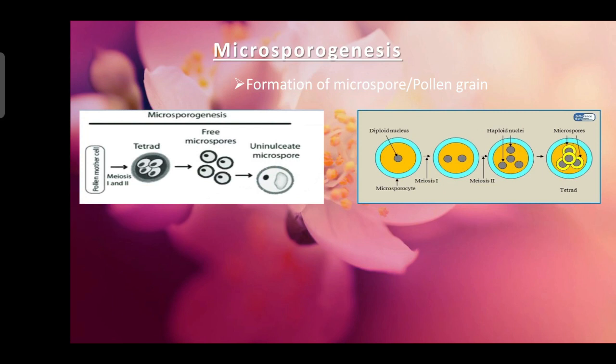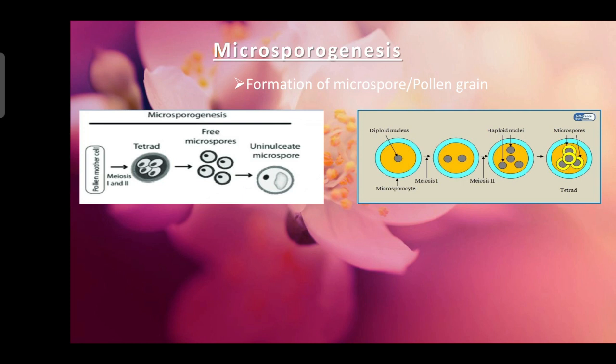So what happens is, inside a pollen sac they have the diploid pollen mother cells. These pollen mother cells undergo 2 meiotic divisions to form 4 haploid daughter cells. These 4 haploid daughter cells are held together in a cluster.